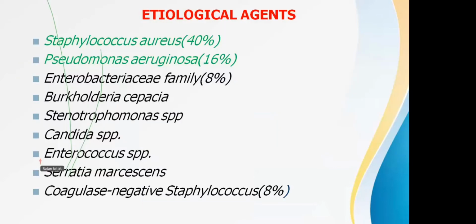Moving on, what are the typical etiological agents which may lead to central line associated bloodstream infections? The most predominant one can be a gram-negative bacteria from the Enterobacteriaceae family. Most commonly, we have MRSA, again a nightmare to any clinician and to a microbiologist.